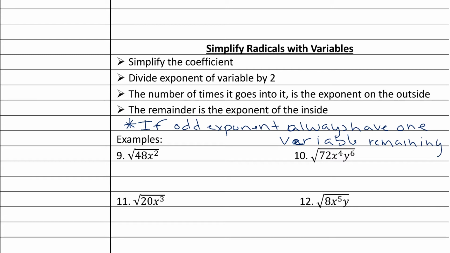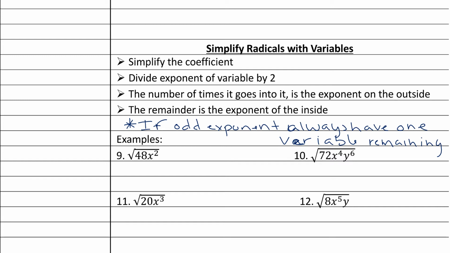So like with my example with 8, let's just say it's 7. 2 can go into 7 technically 3 times evenly, but there would be 1 remaining on the inside.